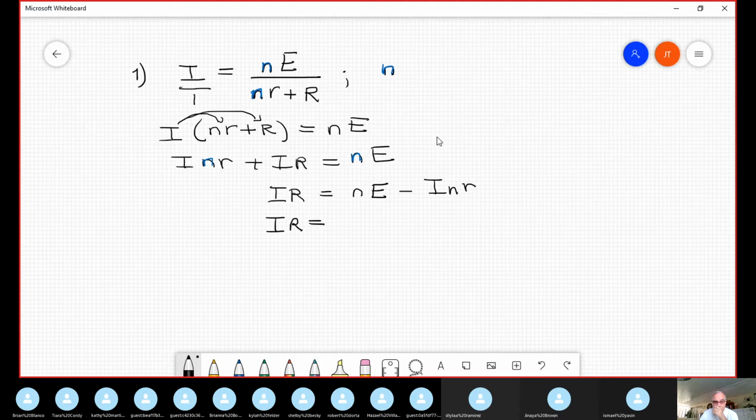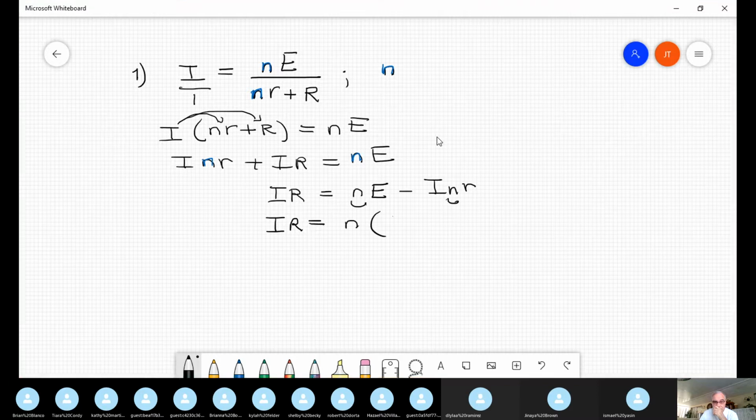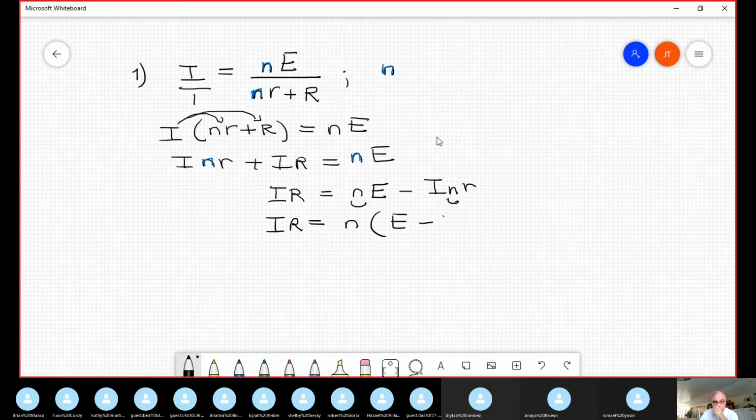For example, M I can see here and here. Factor out: I have M times capital E minus I R. Finally, if you want to isolate M, you divide both sides by E minus I R.